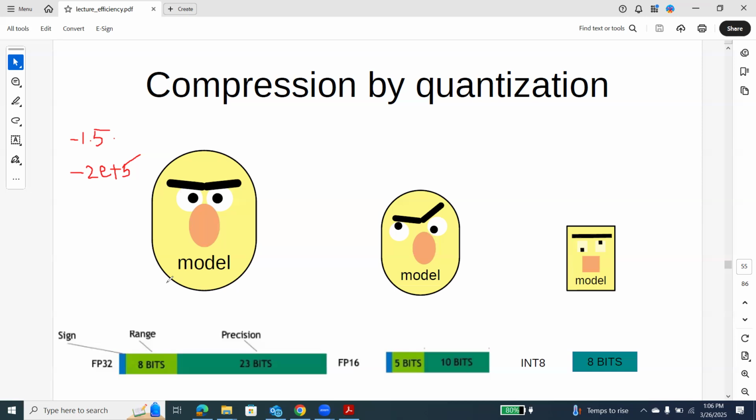Typically they are no larger than hundreds, maybe thousands would be enough. So that's why we can use a smaller precision data type, and it will help us use the memory more efficiently.